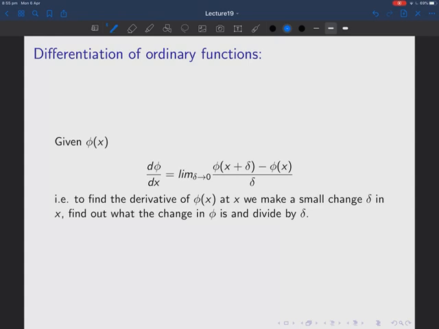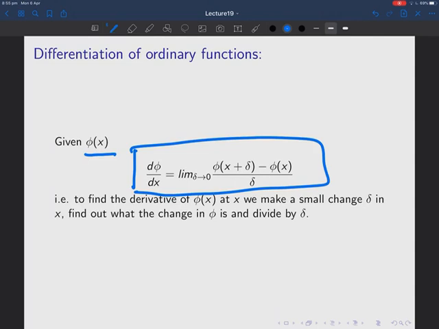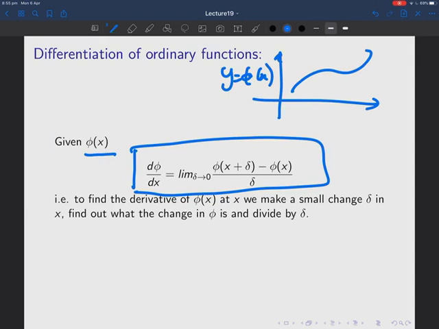So let's go back to differentiating a function rather than a functional. Given phi of x, how is the derivative defined? This is how you define the derivative: the limit as delta approaches 0 of phi of x plus delta minus phi of x, divided by delta. You all know this from calculus. You've got some function, say y equals 5x, and it goes up here. You take two points and separate them by delta. This is x plus delta.